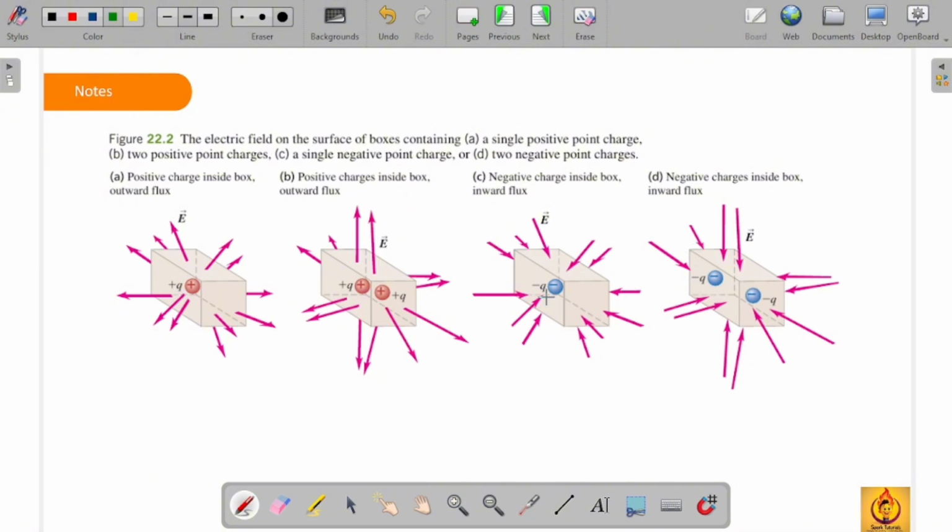Yeah, this is a negative charge. And the magnitude of the charge is proportional to the amount of flux coming out. So this is two more charges. You can see there are more arrows. The same thing happens with a negative charge. The more charge is enclosed, the more flux comes in.